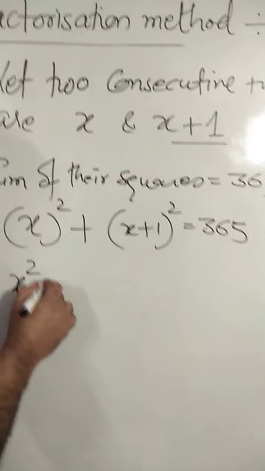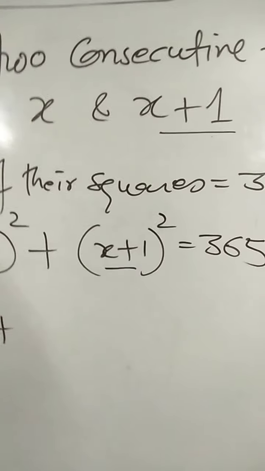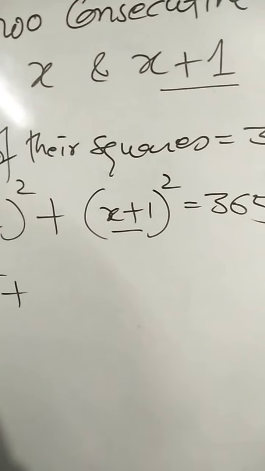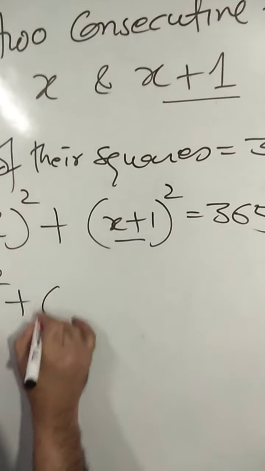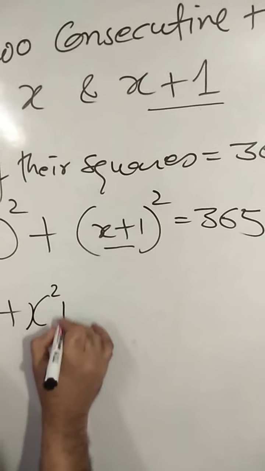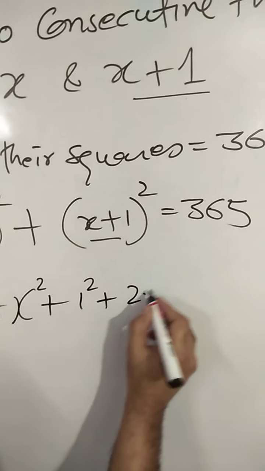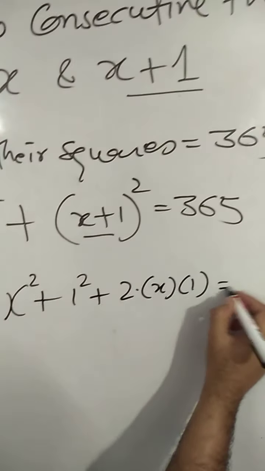This is 365. Simplify this. This is, remember, a plus b whole square. Whenever you apply the identity, you have to mention that identity in the answer. a square plus b square plus 2 into a into b.